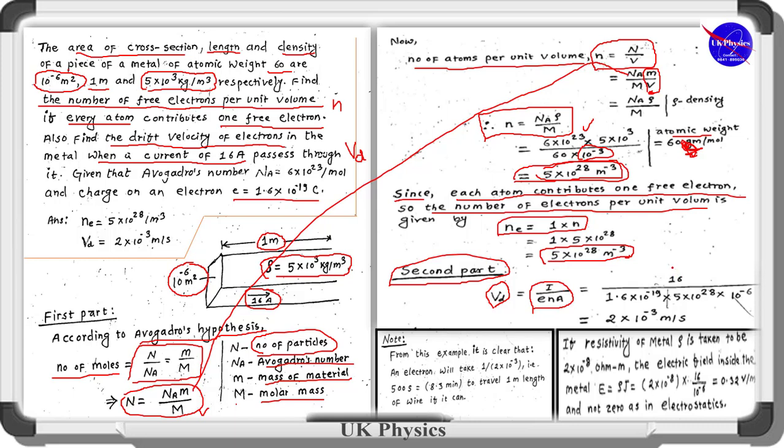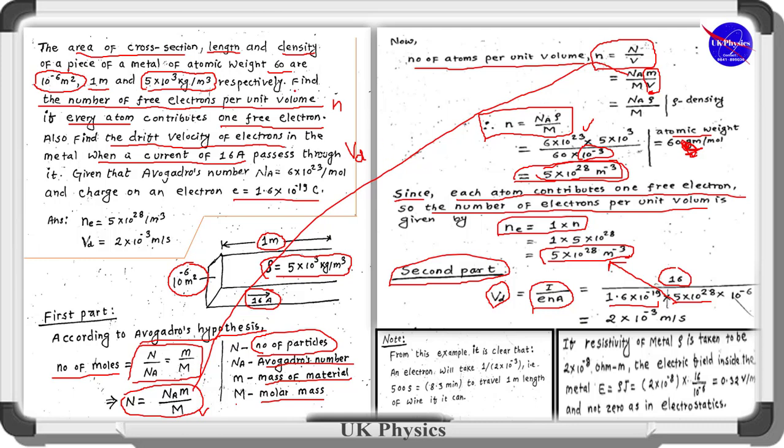So putting the value of all these parameters, the value of I is 60 ampere and e is 1.6 × 10⁻¹⁹. n is the electron density, which we have calculated here, and A is the cross-sectional area that you can see here. This is the cross-sectional area. So we have calculated the value of drift velocity, which is 2 × 10⁻³ meter per second.